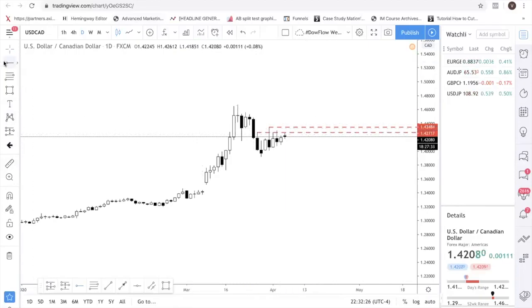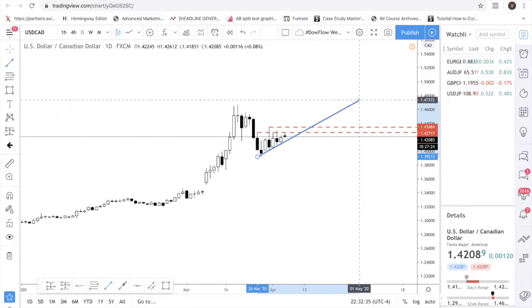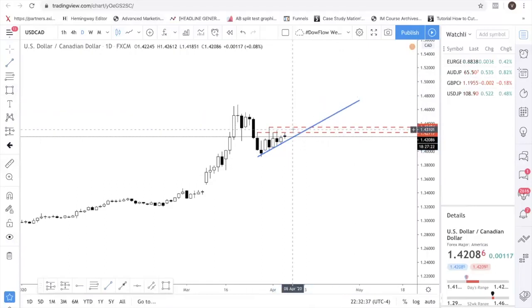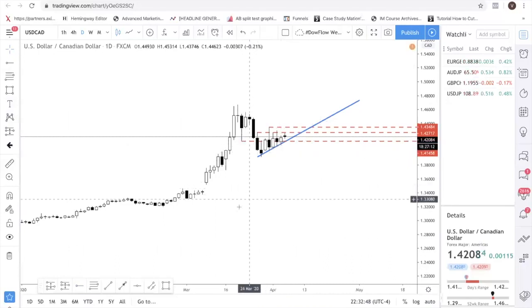Okay, and you also see that there is a pattern, kind of like a squeeze, right? So right now for dollar CAD, you don't really see a very clear sign. Okay, you also have this candle low over here, and of course all these candle lows which are acting as a potential support.